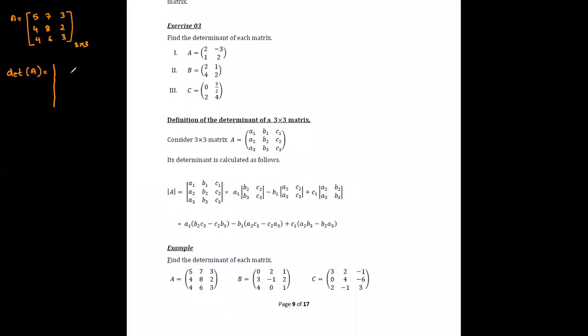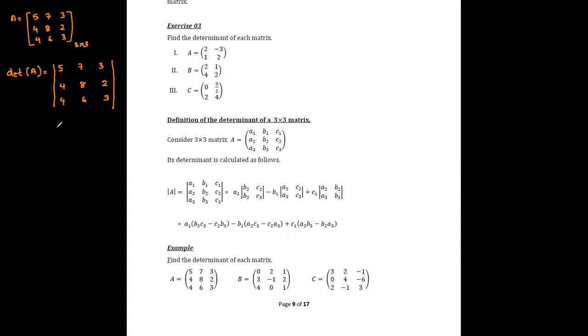First, you need to write down the elements inside the notation: 5, 7 and 3, 4, 8 and 2, 4, 6 and 3. First, we need to isolate the first row, first column element. The value is 5. Then we have to cut off the row and column associated with this value.